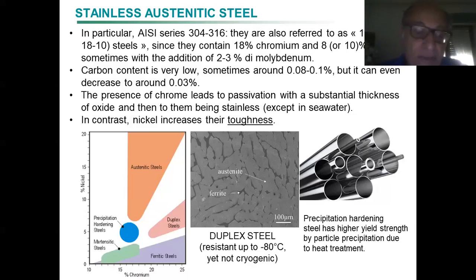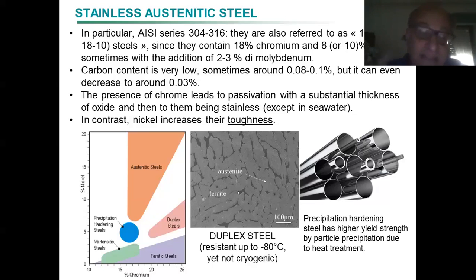If there was only austenite, it would deform a lot, and ferrite would be prone to stress corrosion. Having both of them compensates for this, because consider that steel is also used at a very low temperature, for example, in refrigeration, and therefore has to withstand that.